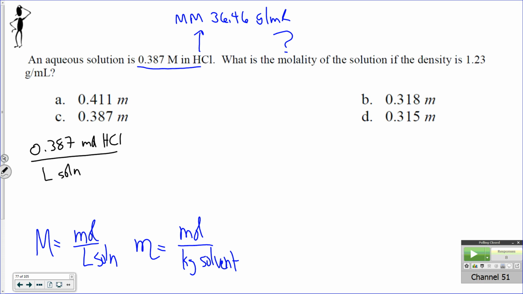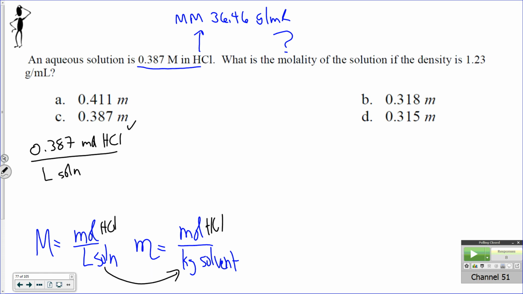Okay, so we need to convert that from liters of solution to kilograms of solvent on the bottom. So the moles of HCl on the top part of it are where we need to be. So we're set there. We just have to work on the bottom half of it.